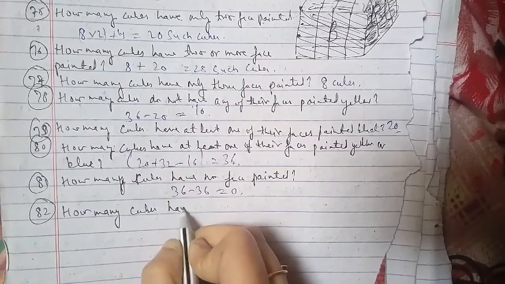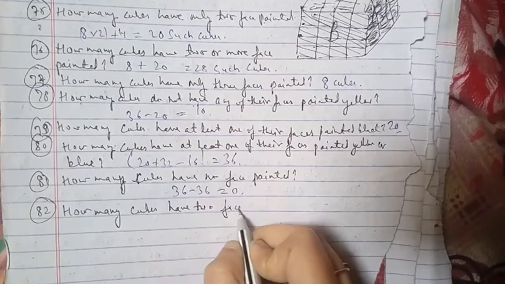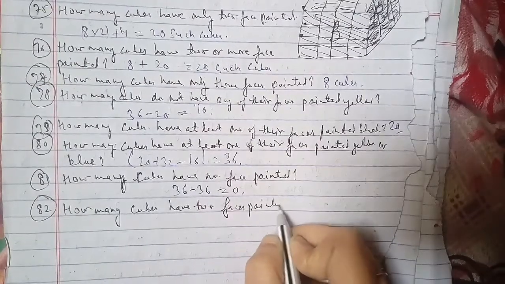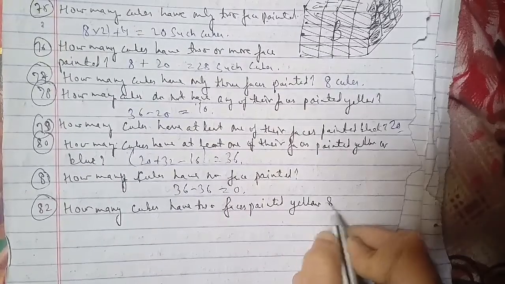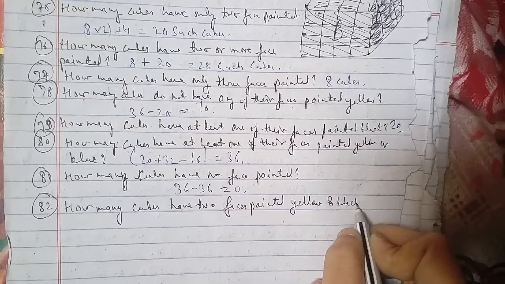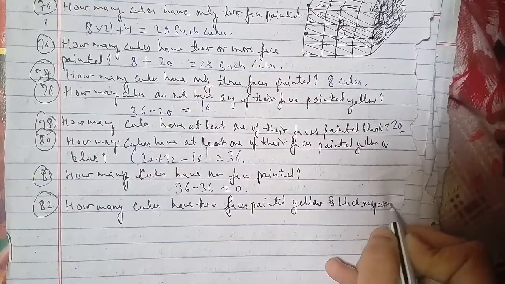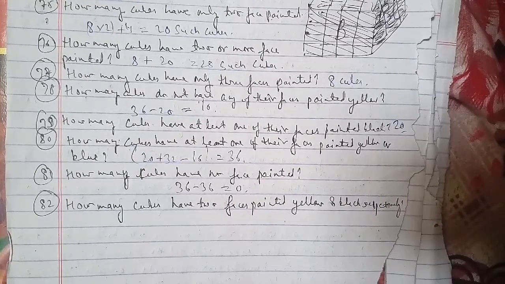The options we have are 0, 8, 12 and 16. That is what we have to talk about.